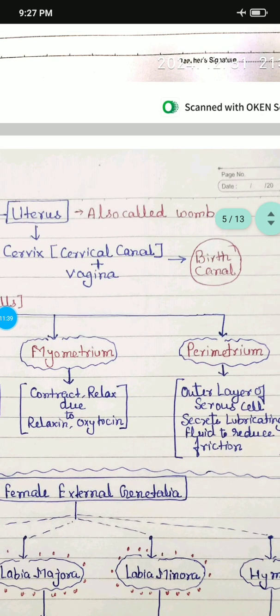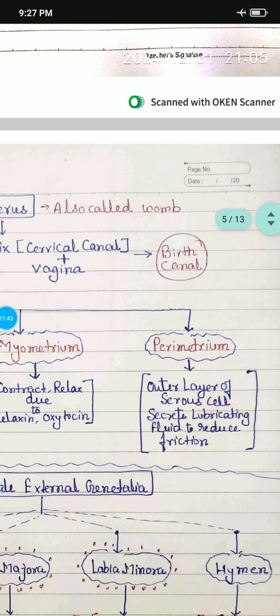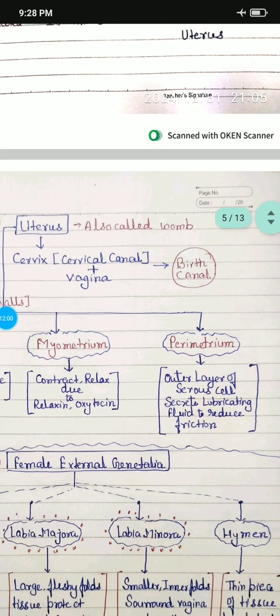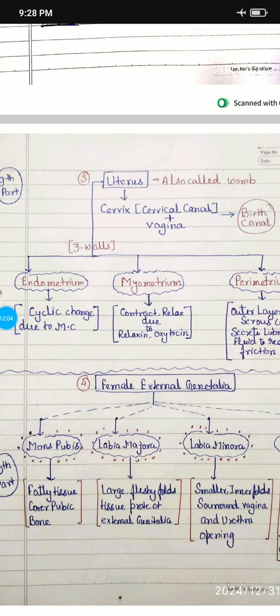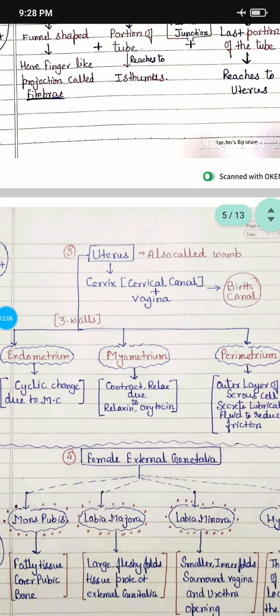Now the perimetrium. The perimetrium is the outer layer, made up of serous cells, which secrete a lubricating fluid that reduces friction. Overall, the uterus is made up of three layers: endometrium, myometrium, and perimetrium.